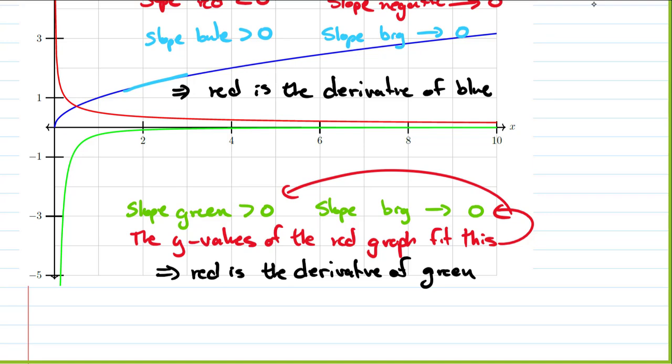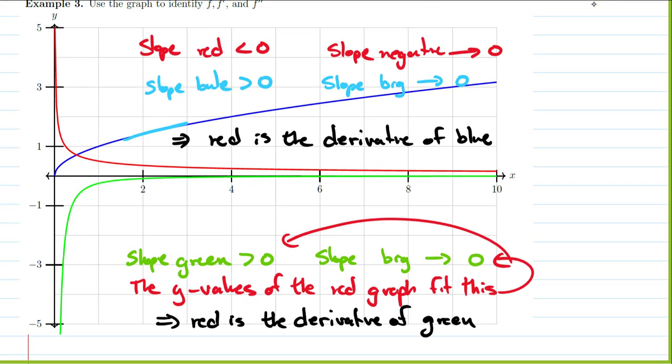Well, what are the y values of green? Are the y values of green positive or negative? Negative. And what do they get close to? 0. Does that fit our red graph? Sure. Its slope is always negative, so the y values of green tell us about the slope. So green is always negative, so our slope is always less than 0. And do our y values of green get close to 0?